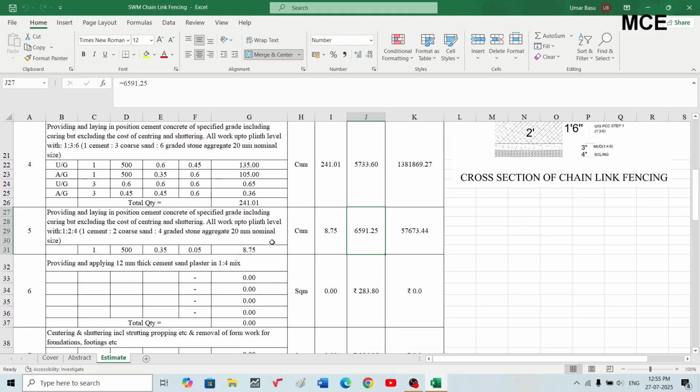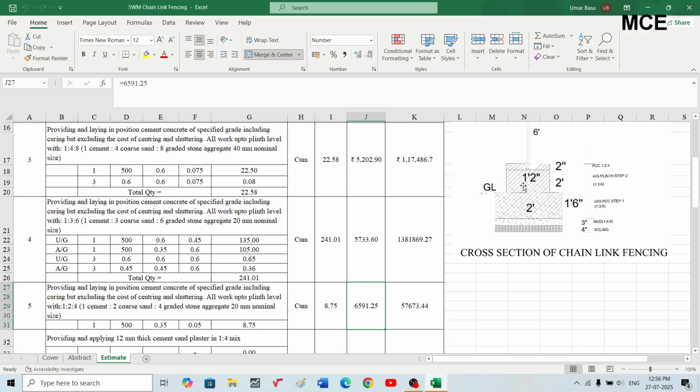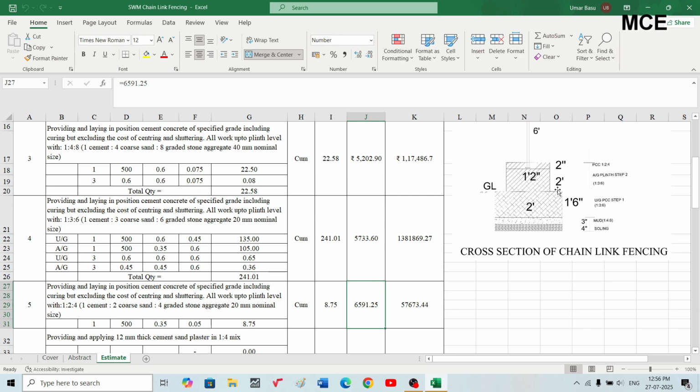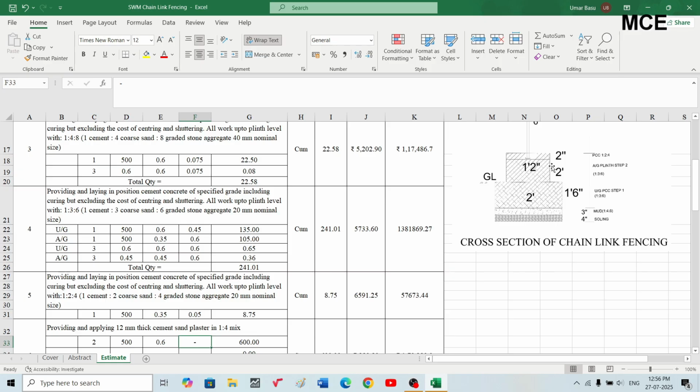After that, the next item which we have to use is providing and applying 12 mm thick cement plaster in 1:4 mix, that is we are plastering the above ground concrete. Plastering will be only done for the above ground concrete, not for the underground. So the length will remain same, that is 2 sides, 2 into 500 along the lengthwise, and the height for this will be 0.6, that is 2 feet, because the above ground step is 2 feet.